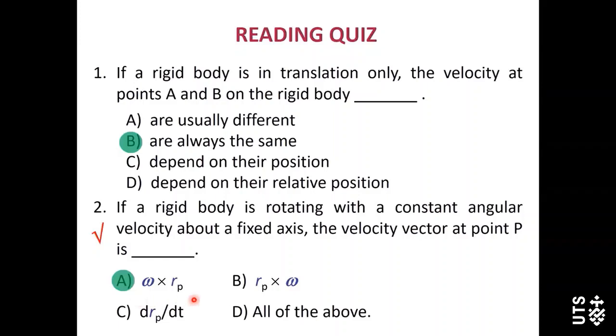This is vector calculation, cross product. Omega cross product Rp is not equal to Rp cross product omega. Be careful here.